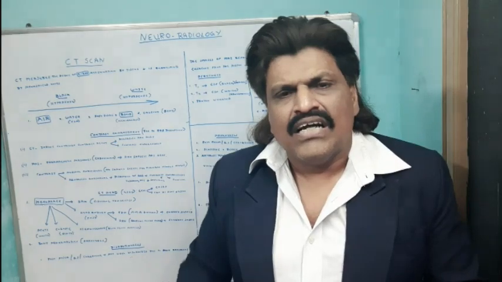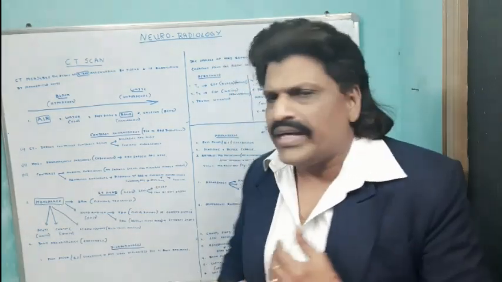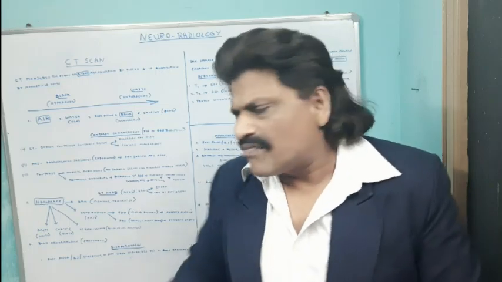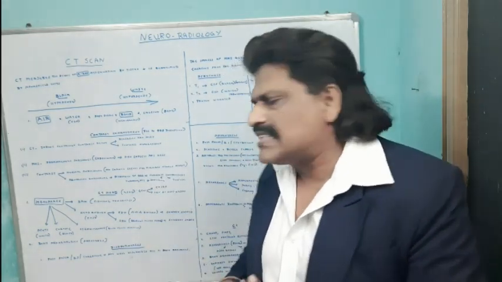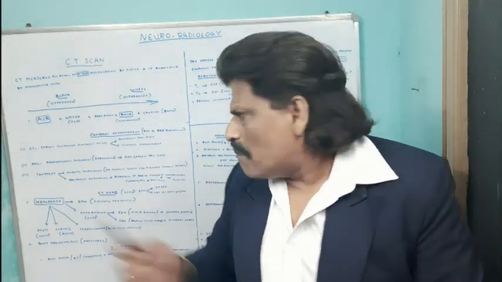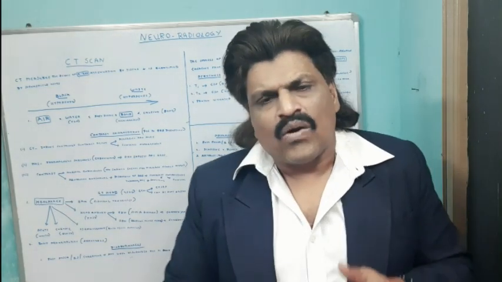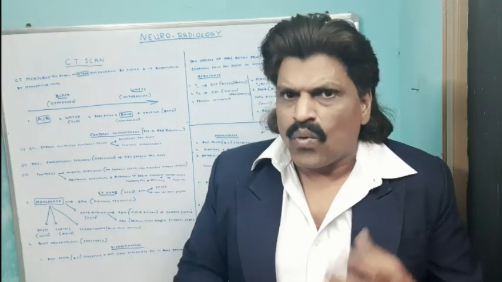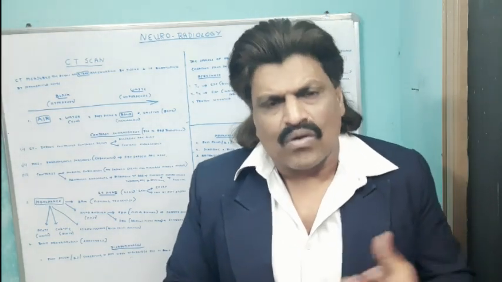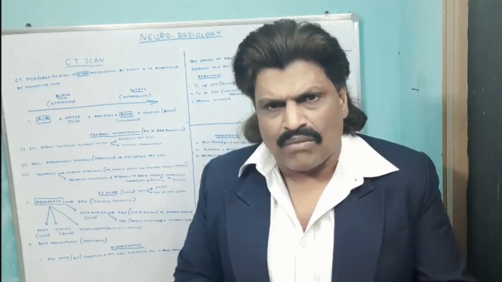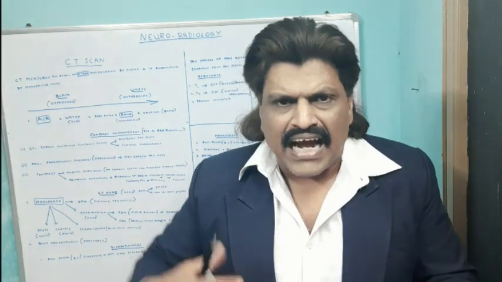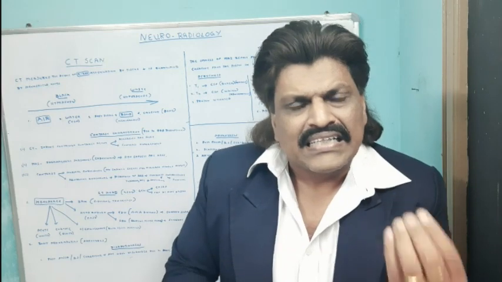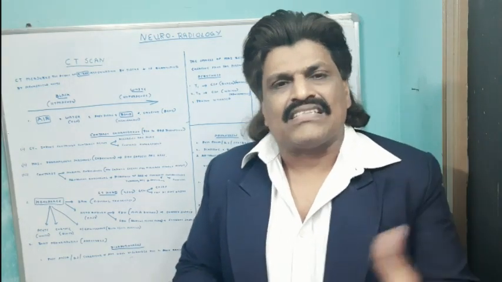As I said, in a normal individual, when we give contrast and then see a repeat CT scan after contrast, there is not much change except perhaps for the venous sinus. But in a condition where the blood-brain barrier is disrupted in abnormal individuals who harbor tumors or neurocysticercosis or tuberculoma, when we take CT scan and after giving contrast, when we take a repeat CT scan, these lesions appear enhanced.